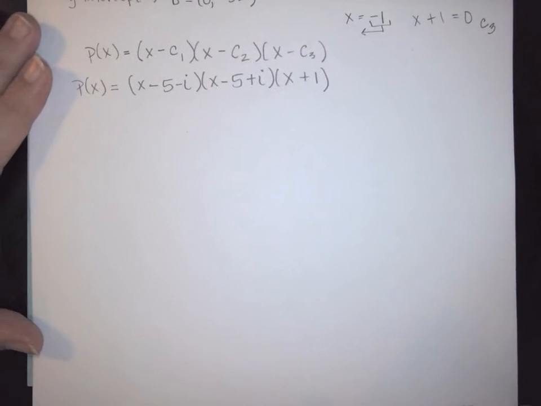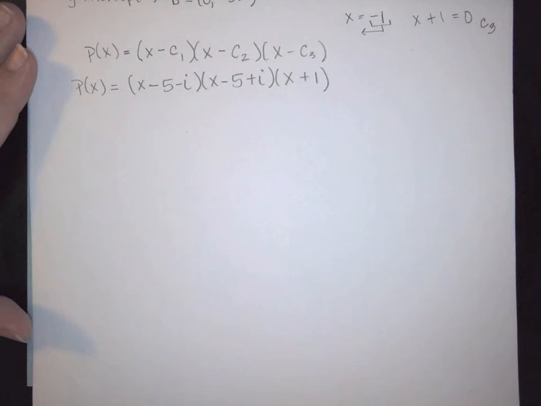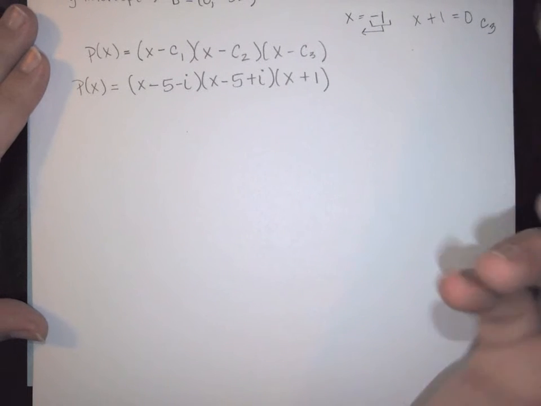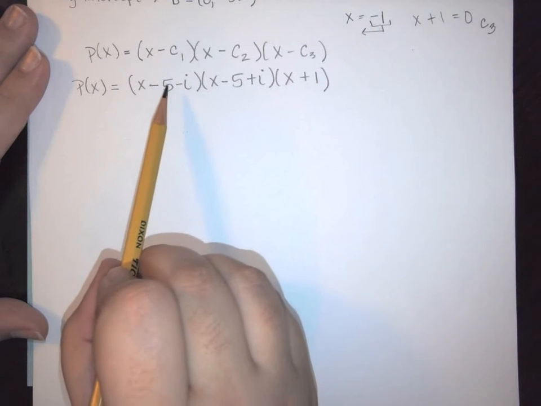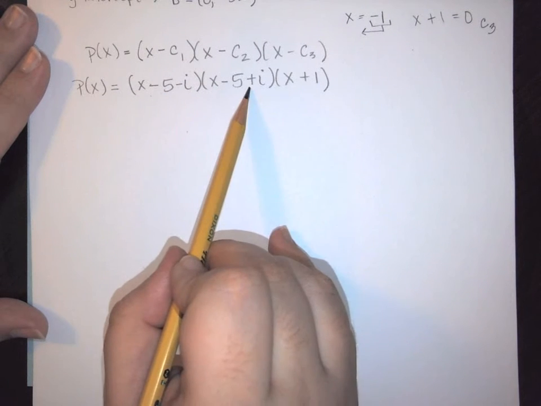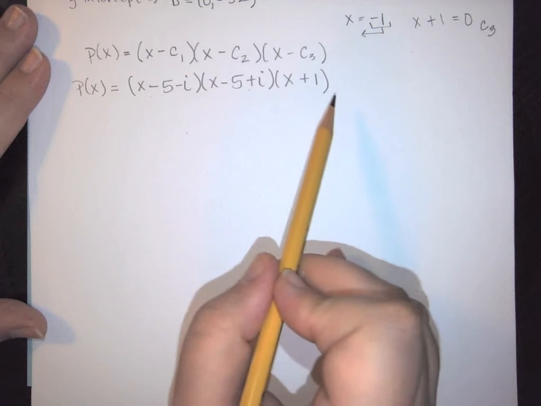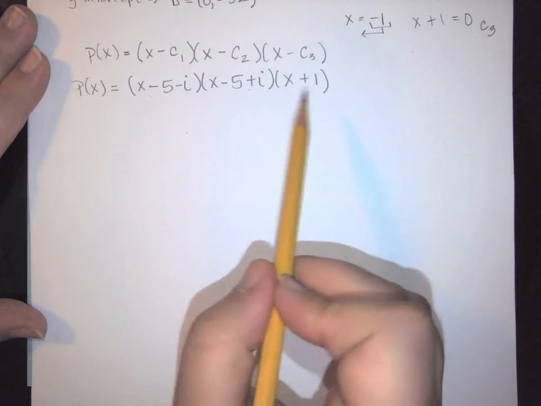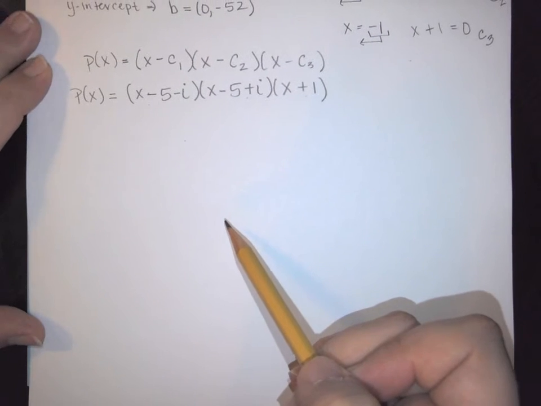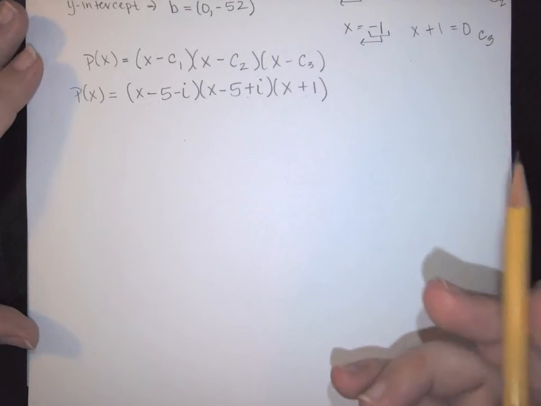Now, in order to find your polynomial, you have to multiply them together. So this is where you make a choice. You either multiply your complexes together and then multiply the third, or however you feel like doing it is up to you. It just has to be done.